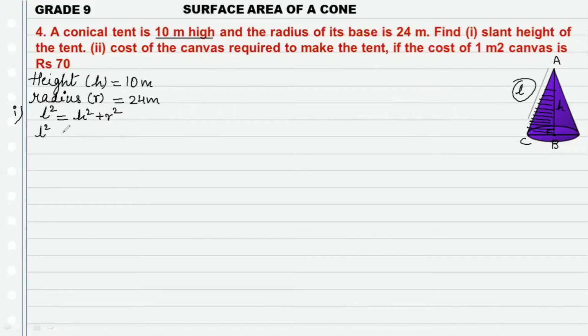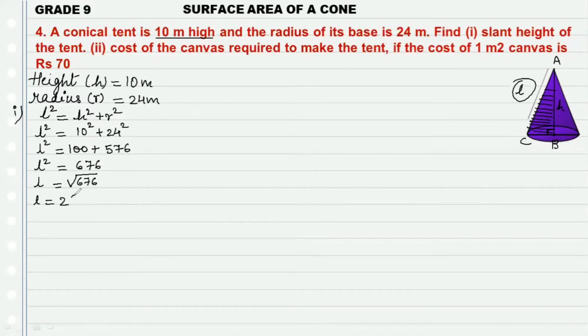Let's substitute the value to find L. h square, that is 10 square, plus r square will be 24 square. So L square is equal to 100 plus 576. So this will give us L square as 676, and taking square root on both sides, L is equal to the square root of 676.